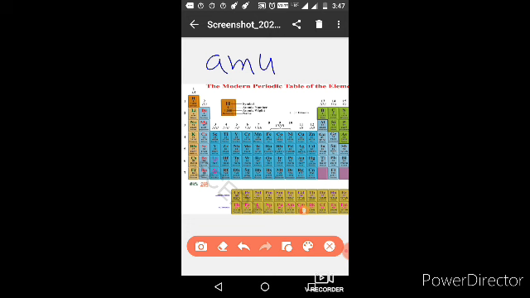For small weights we use grams. Normal weight means kgs, more weight means quintals, and heavy weight means tons.